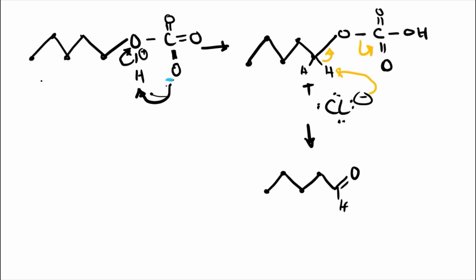And then this negatively charged oxygen, because it has 3 lone pairs of electrons, will come and get this extra carbon here from the oxygen, and this bond will break. This bond will break, and then it will neutralize the positive charge on the oxygen. After that happens, it will form this product here.